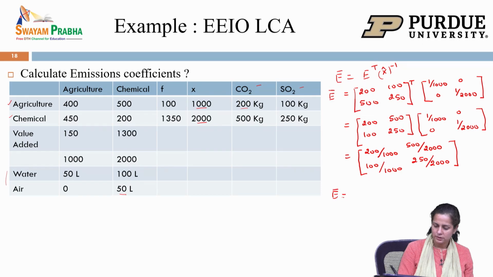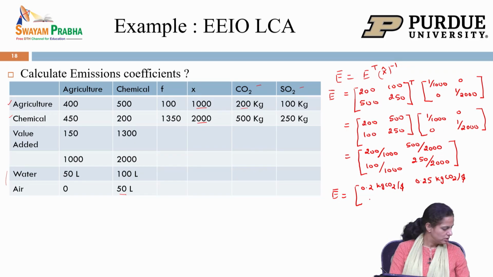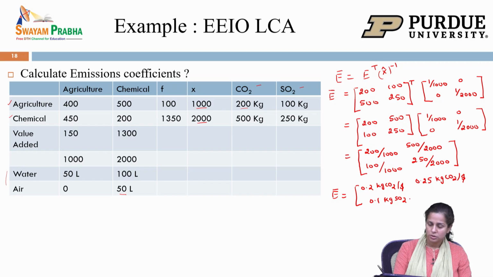So E bar is equal to, for the first one, 0.2 kg CO2 from sector 1 per unit dollar. This one is 0.25 kg CO2 per unit dollar from sector 2, and the other one is about 0.1 kg SO2 per unit dollar, and the last one is 0.125 kg SO2 per unit dollar.